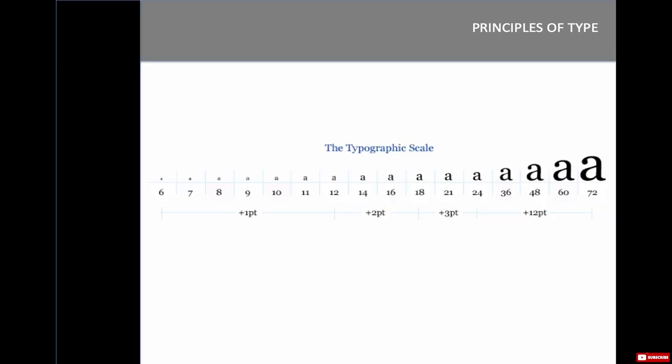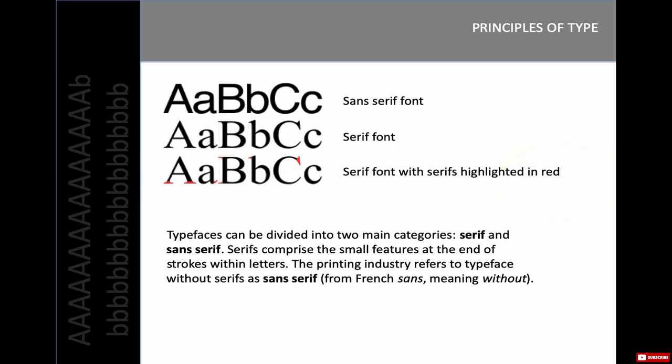We refer to and we measure the size of typefaces and fonts in point sizes. The smaller the point size, the smaller the type, and the larger the point size, the larger the type. In this Principles of Typography lecture, we're going to be looking at two divisions or two categories of type, mainly serif and sans serif type fonts.